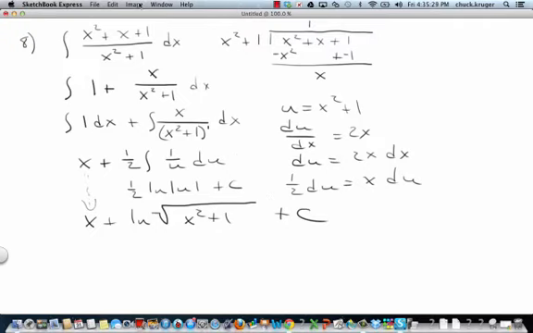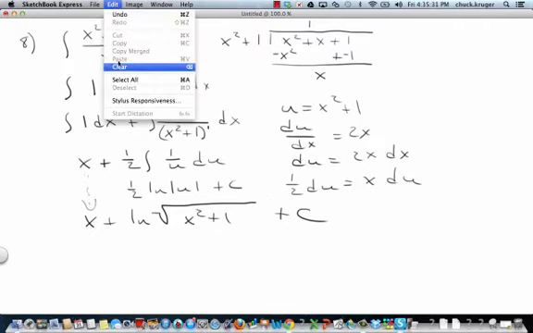Number 9. Number 9 is going to ask for the average value, and the average value is computed this way.